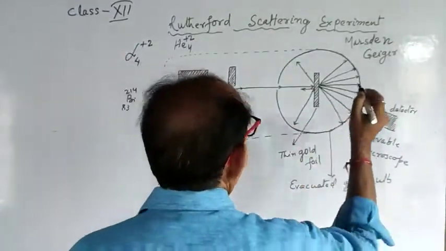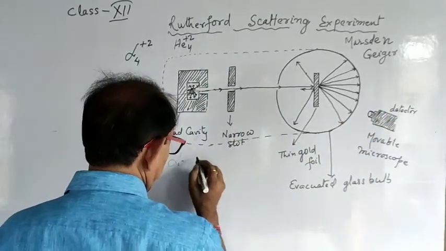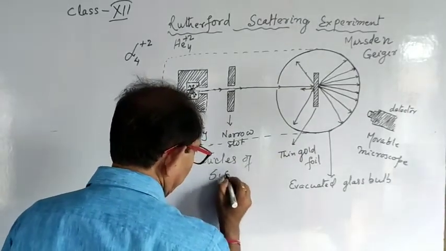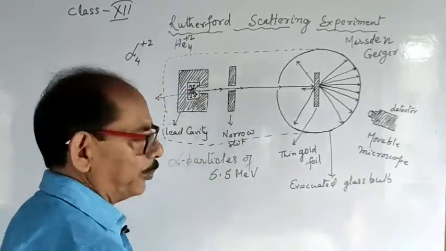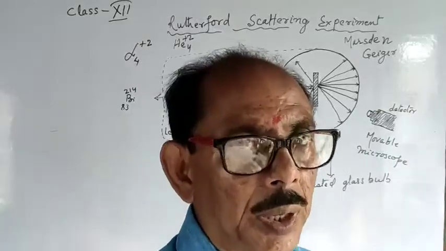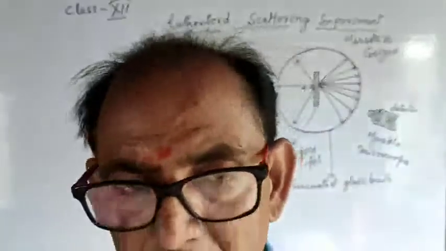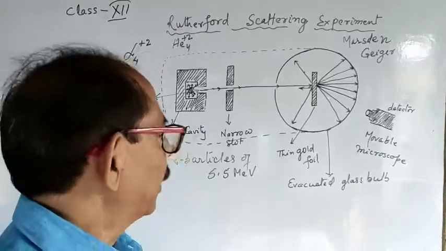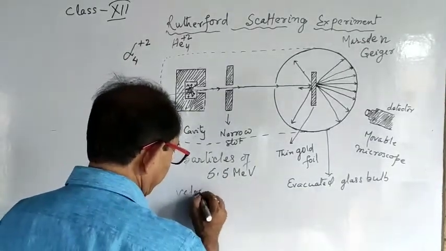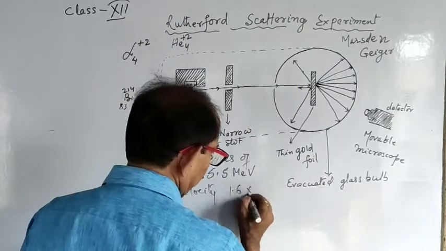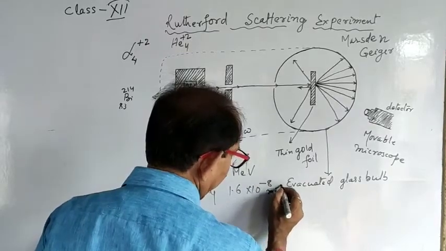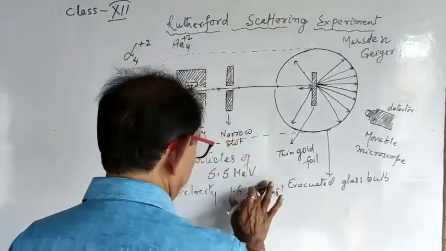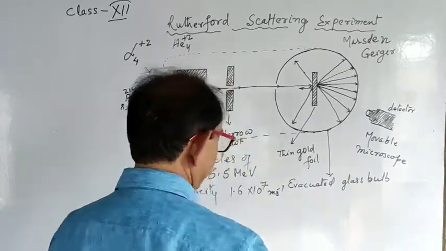The velocity of the alpha particles is kept at 1.6 into 10 to the power 7 meter per second.